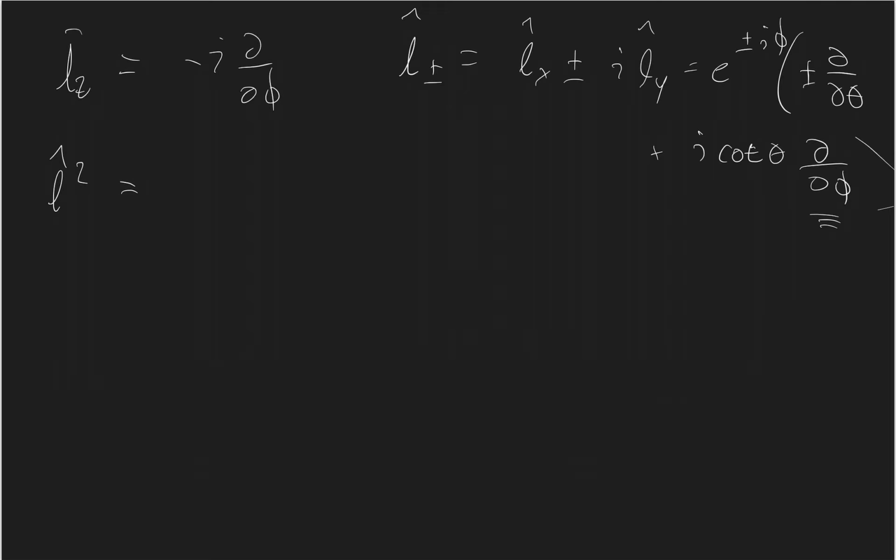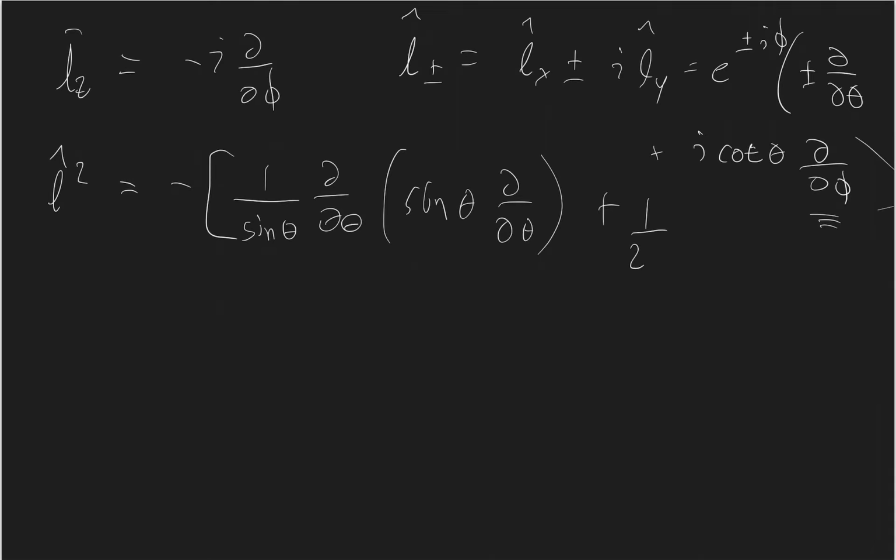And we can also know this for certain, the squared magnitude of the angular momentum vector, which is sine theta times the derivative with respect to theta, of course, with our form here, plus, sorry, it's 1 over sine squared theta with a second order partial derivative with respect to phi, the azimuthal angle, okay?